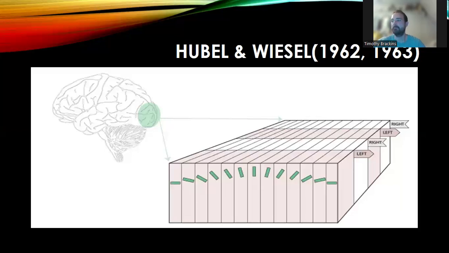So in a nutshell, we have specific cells that code for specific orientations, so different lines and orientations. And it is breaking down everything we're looking at into these specific features before building it up as a whole.